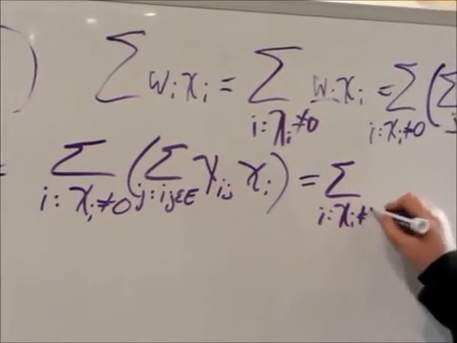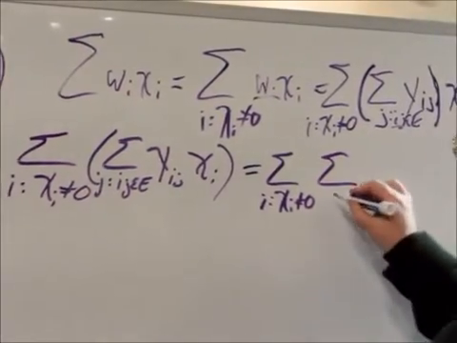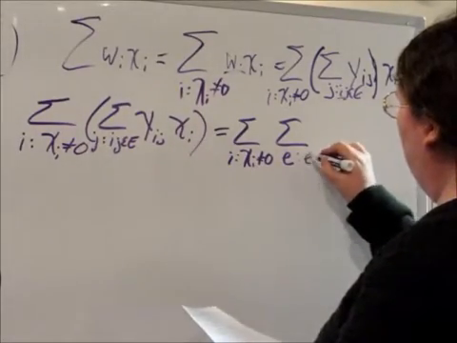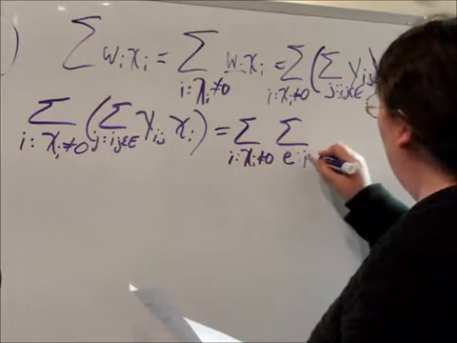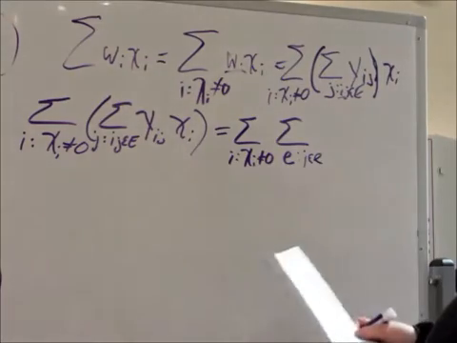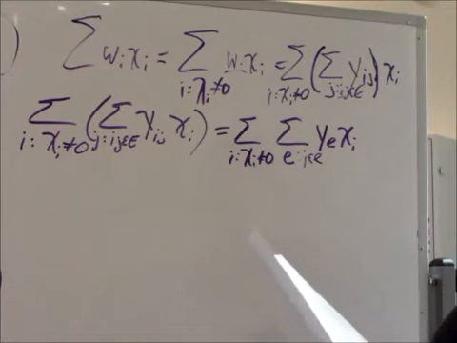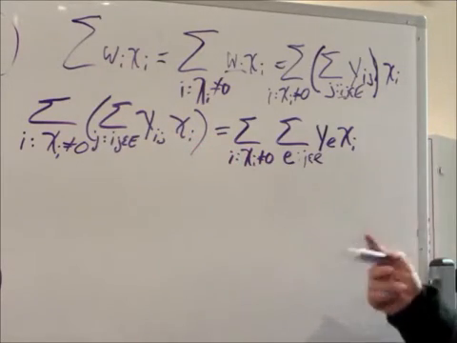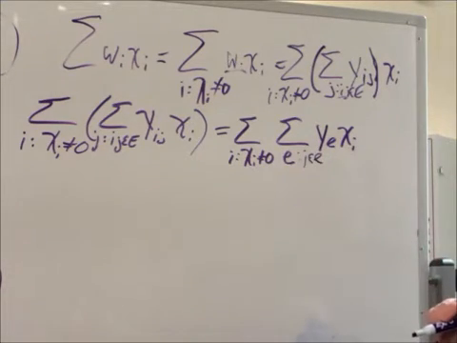Such that xi is not 0, sum over edges such that i is in that edge of y_e xi. Instead of expressing the edge as a pair of vertices, we're just saying, here's this edge, and these are all the edges that have i adjacent to them. Just the same thing as up there, just rewriting it.